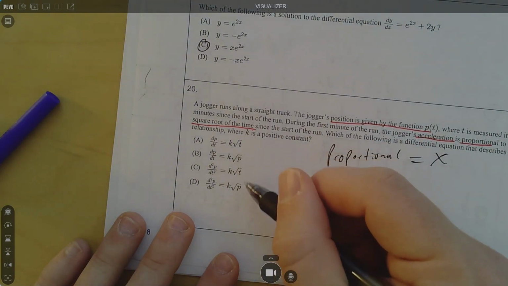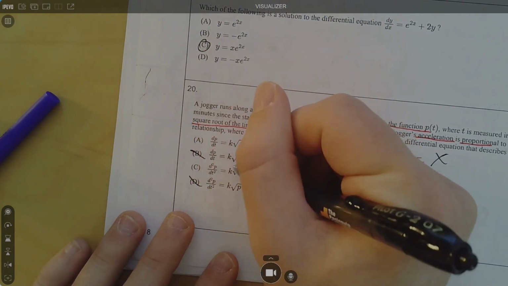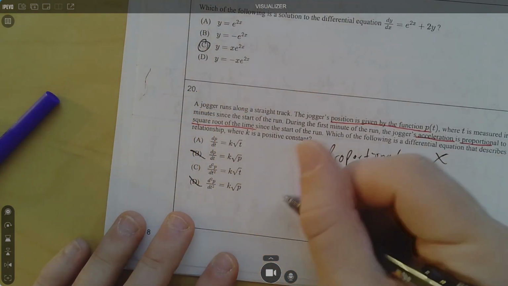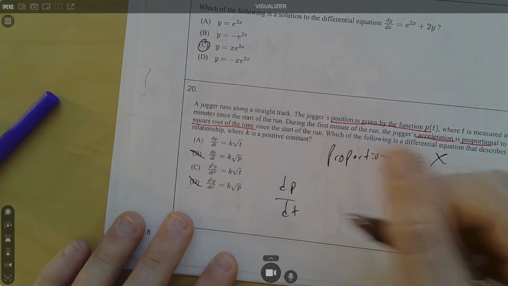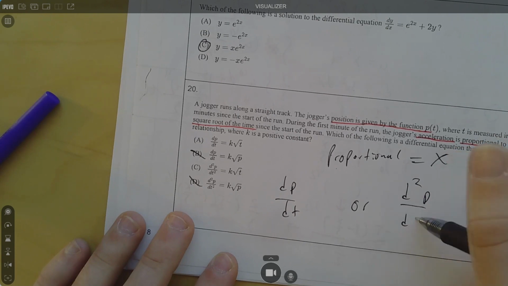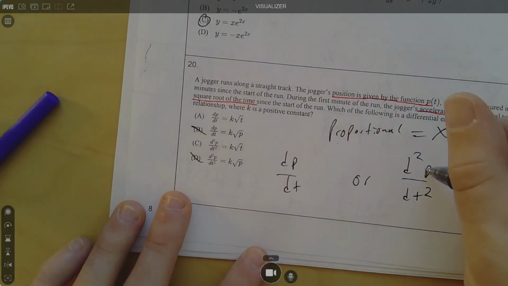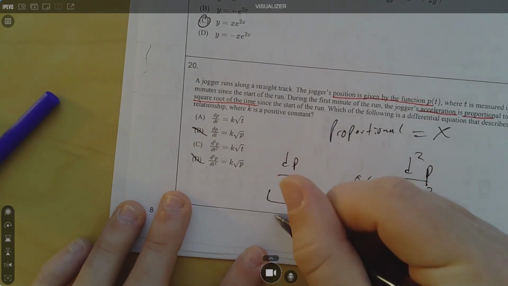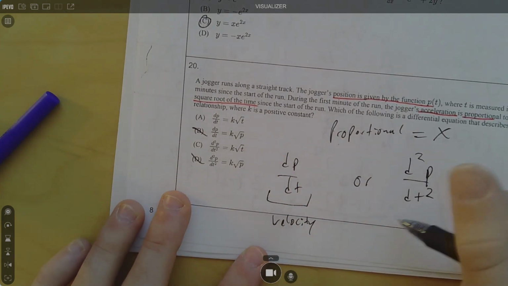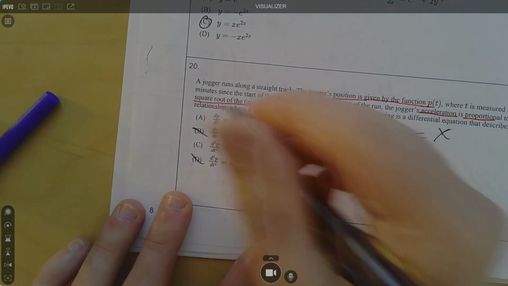This is the square root of time, right? So it's going to be either C or A. Now, for C or A, I have dp dt or d squared p over dt squared. Well, which one is acceleration? This is position. This right here is velocity. And this is acceleration. So it must be C.